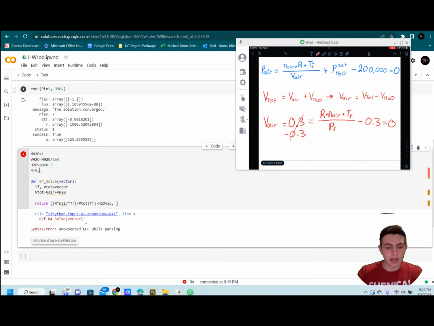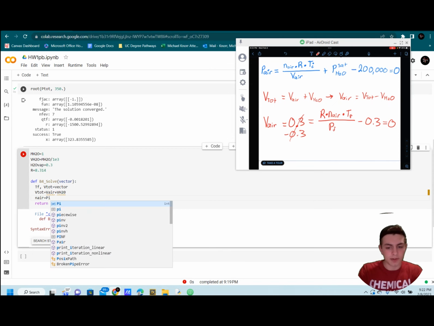Alright, that should be our first one there, and that reminds us that we need to go ahead and define our ideal gas constant at 8.314. Similarly, we also need to define our moles of air. So our moles of air should be relatively straightforward here. That's just going to be using all of the initial conditions from the first scenario.